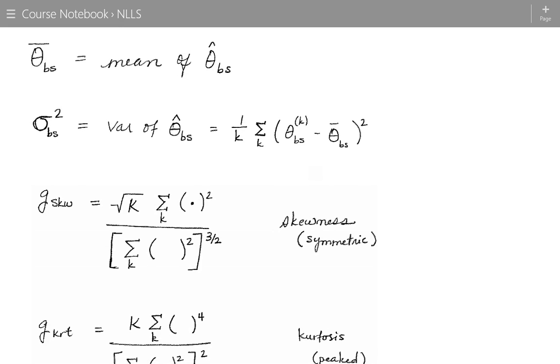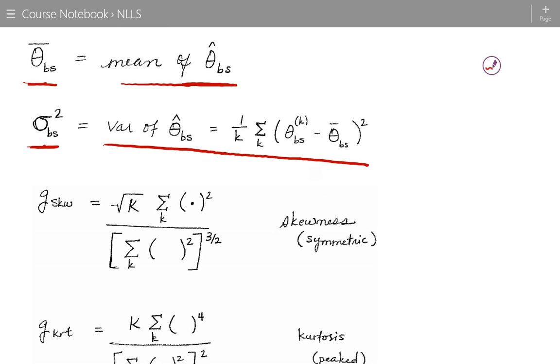So let's say that the mean of all of the estimates that you got, we'll call that theta bootstrap bar. The sigma squared bootstrap is the variance, actual sample variance across the number k here, which is going to be the number of times you do this bootstrap estimator. And so we just get the sample average, where we use 1 over k, not 1 over k minus 1.